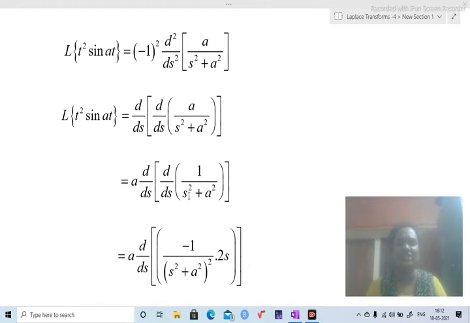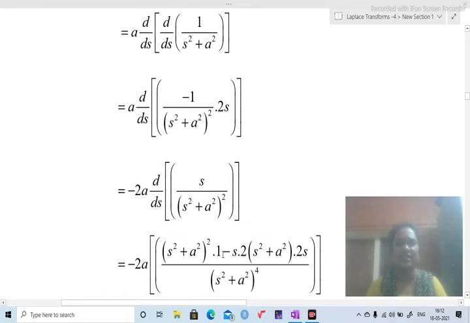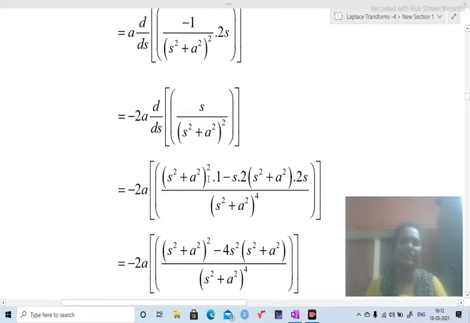The differentiation of s square is 2s. Again you can put the constants outside. That is, here 2 is constant and also the negative sign I am going to put outside. That is minus 2a into d by ds of s by s square plus a square whole square. In the numerator, here we have s. That's why we are going to use the u by v formula.